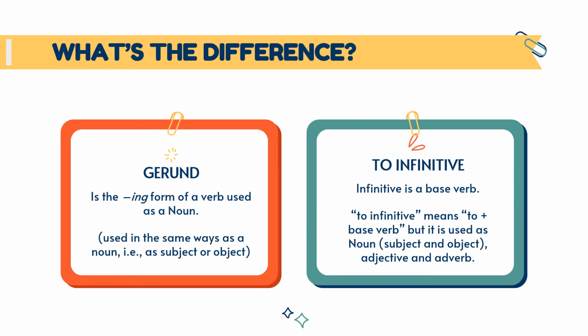If we want to change a verb to be a noun with gerund, we have to add ing at the end of the verb. But if it's to infinitive, we don't have to change the verb, but we have to add to before the verb.